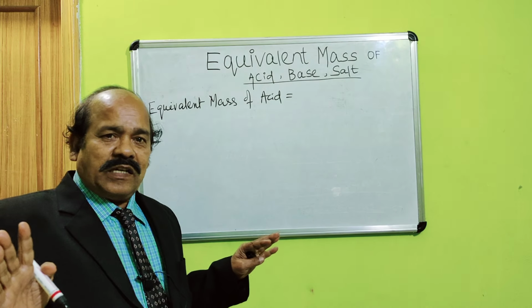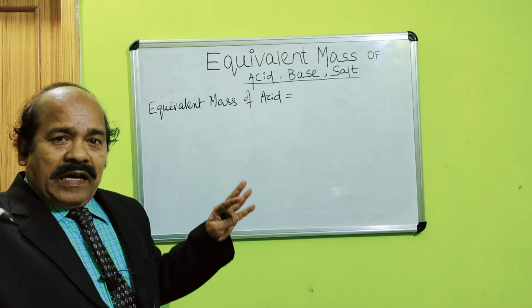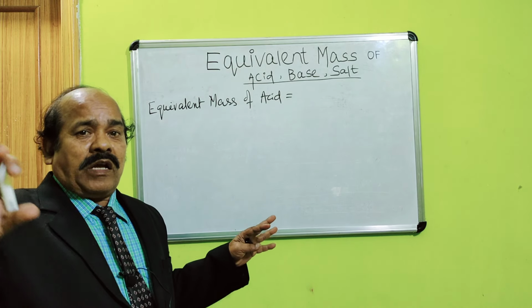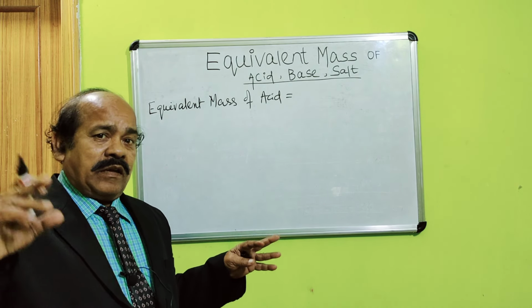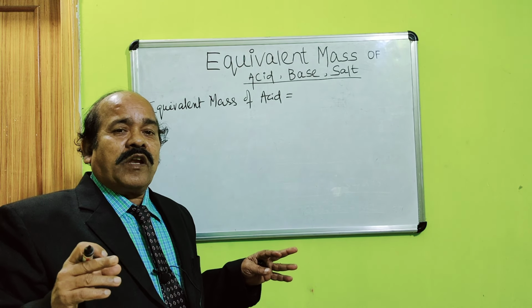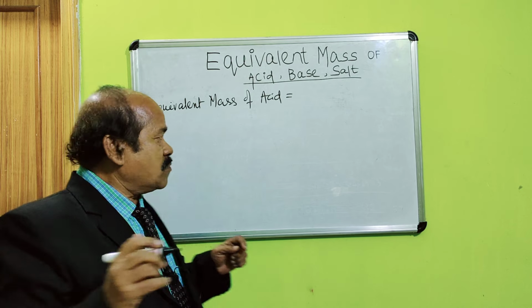Equivalent mass of acid is a ratio. It's a ratio between the molecular mass of the acid to its basicity or the number of replaceable hydrogen ions.